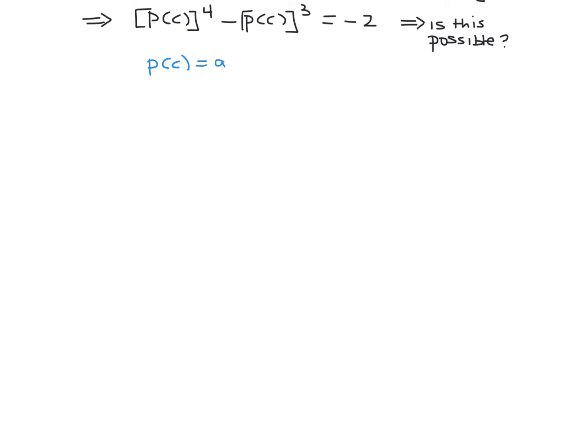So that reduces this to just a to the power of 4 minus a to the power of 3 is equal to negative 2. Is this possible? It's a little bit easier on the eyes. Okay, and I think I have 3 scenarios here, and I think those 3 scenarios should be sufficient.